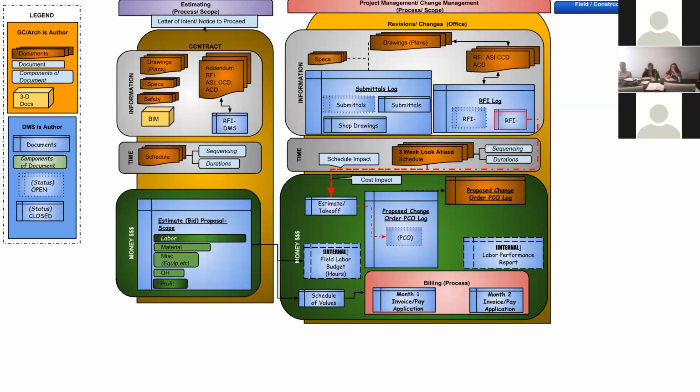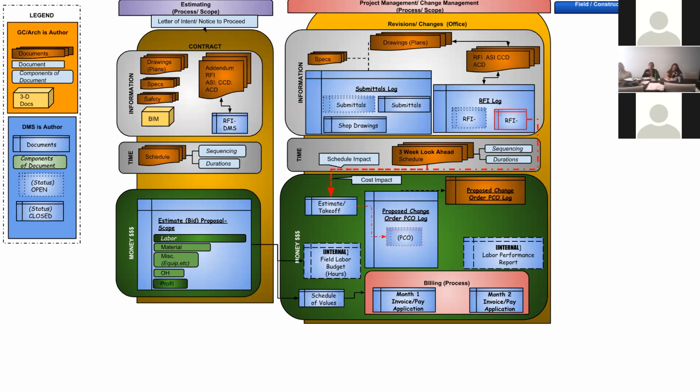So if this process is slow, then that means that other people have their hands out and are trying to collect money for change documents, and we're going to be the last on the list. And if we're last on the list, we're less likely to receive the money. So we want to actively be pursuing that, managing RFIs, getting them into PCOs, taking those PCOs and chasing those down.